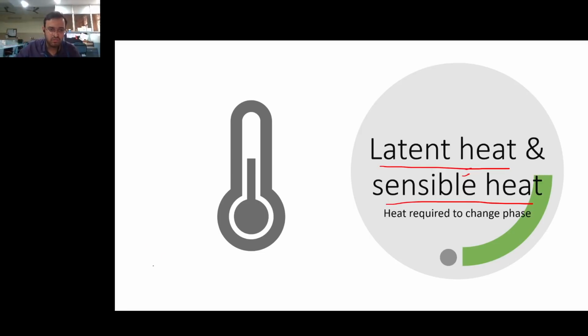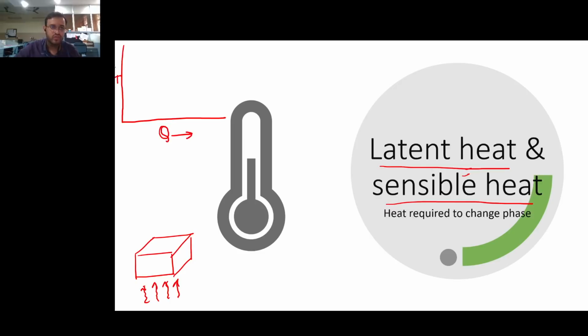As I mentioned before, we take a block of ice and we start heating it up. We are measuring the temperature of the ice as a function of the heat supplied to it. So temperature versus the heat supplied to the entire block of ice.